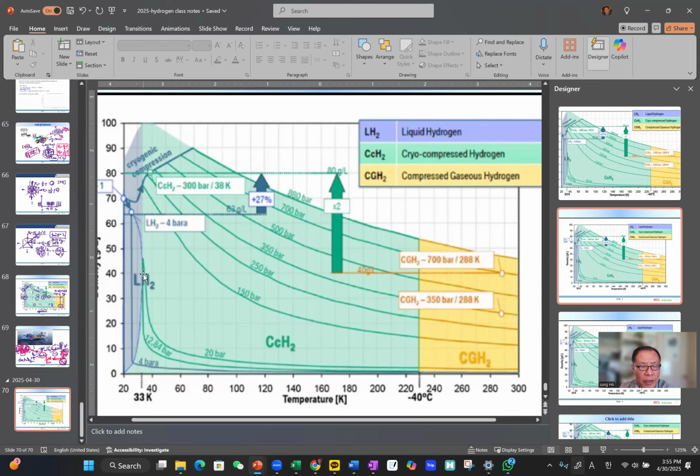And the liquid type has been developed and commercialized as well, but not as much as the CGH2. And the CCH2 is technically or theoretically possible, but the commercialization is another big problem. As explained in the video, it is very expensive.